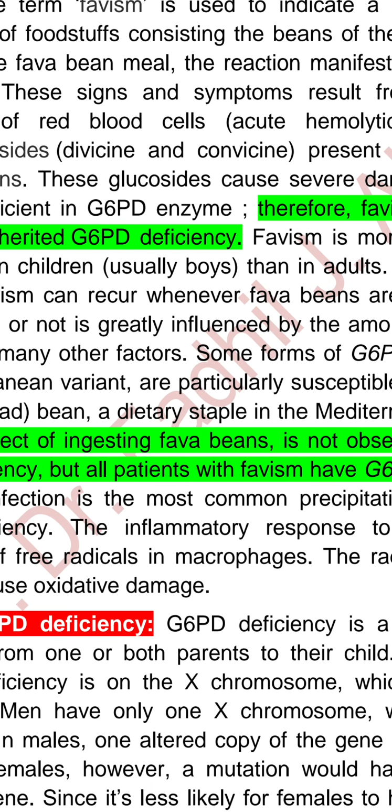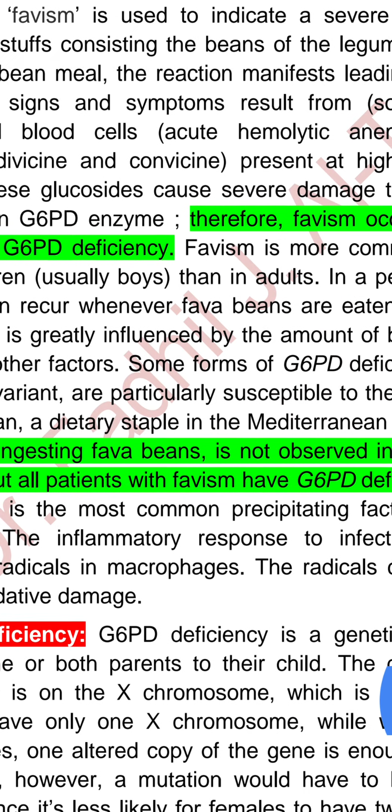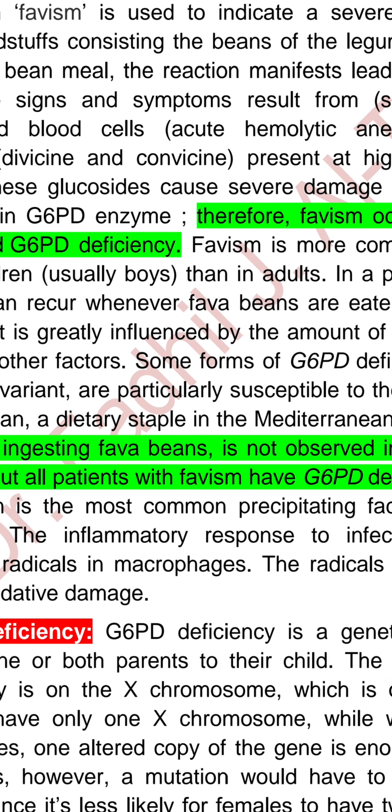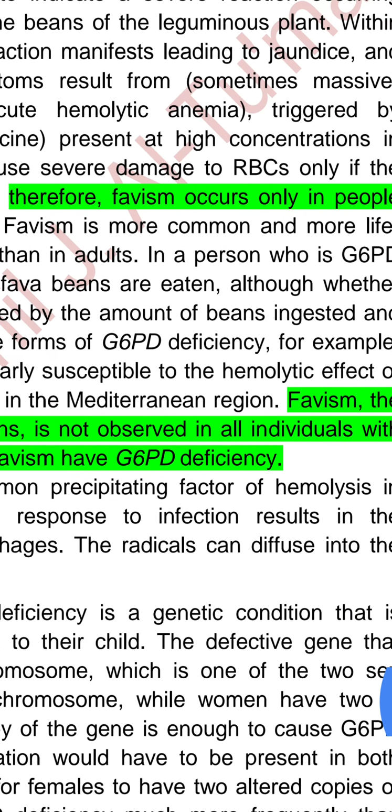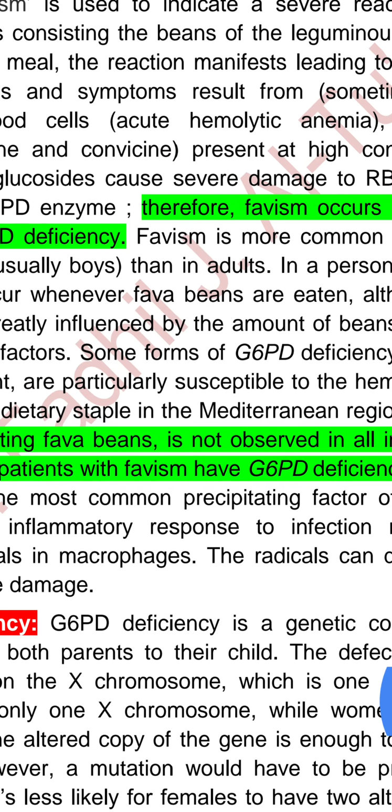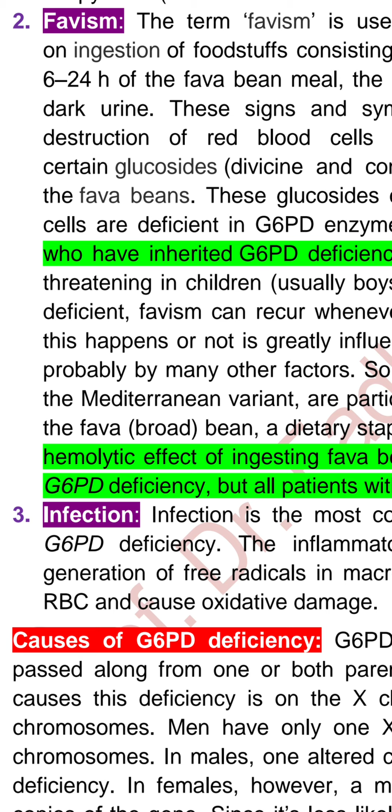هذه الجلوكوسايد الموجودة بالفافا beans caused severe damage to RBCs only if the cells are deficient in G6PD. تسوي دمج وين؟ بالممبرين of RBCs في حالات وجود نقص بالإنزيم G6PD.